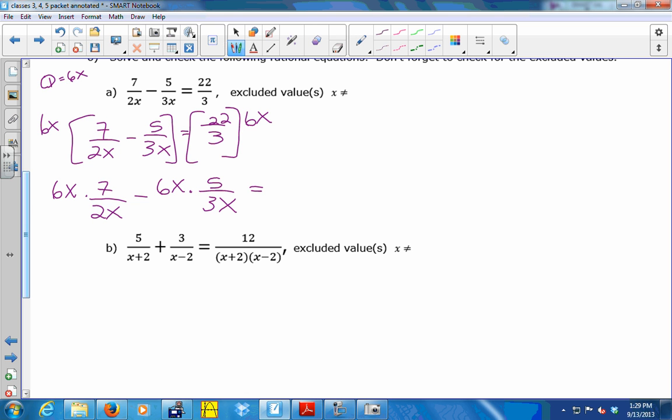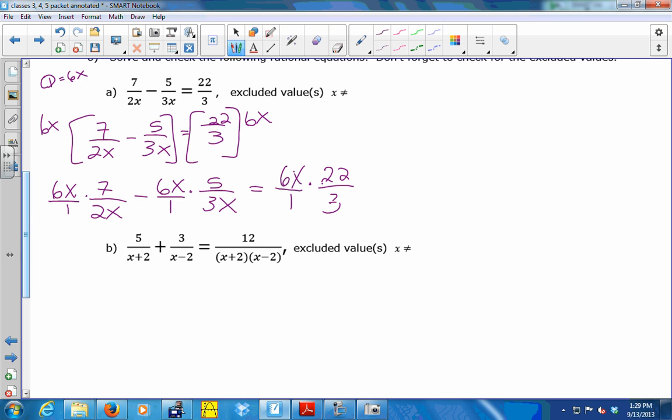And then on the right, I end up with 6x times 22/3. Now, before I multiply, I'm going to cancel anything that I can cancel. Just makes all the arithmetic easier. And it might help you, whenever you have an expression that's not a fraction, to put it over 1. Some people find that helpful, and some people don't. So do whatever works for you.